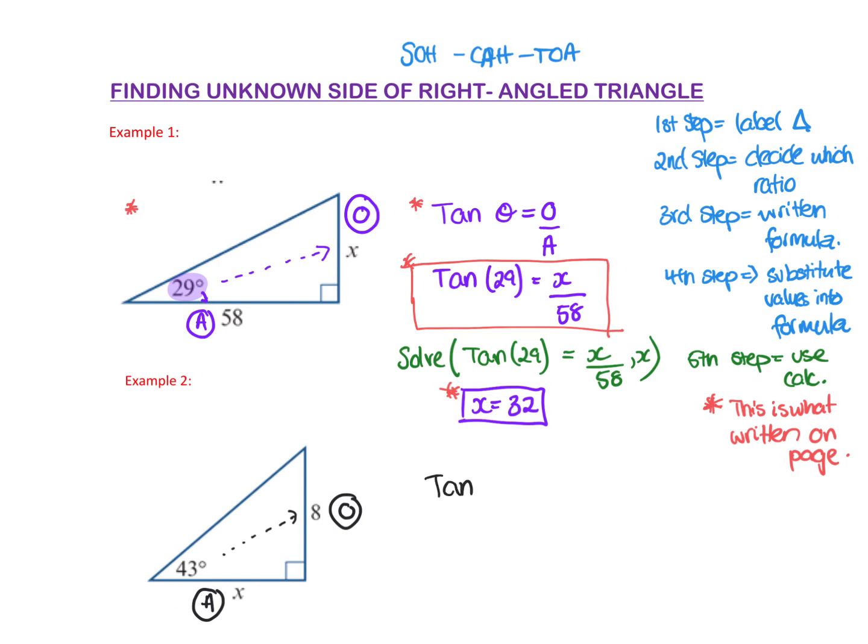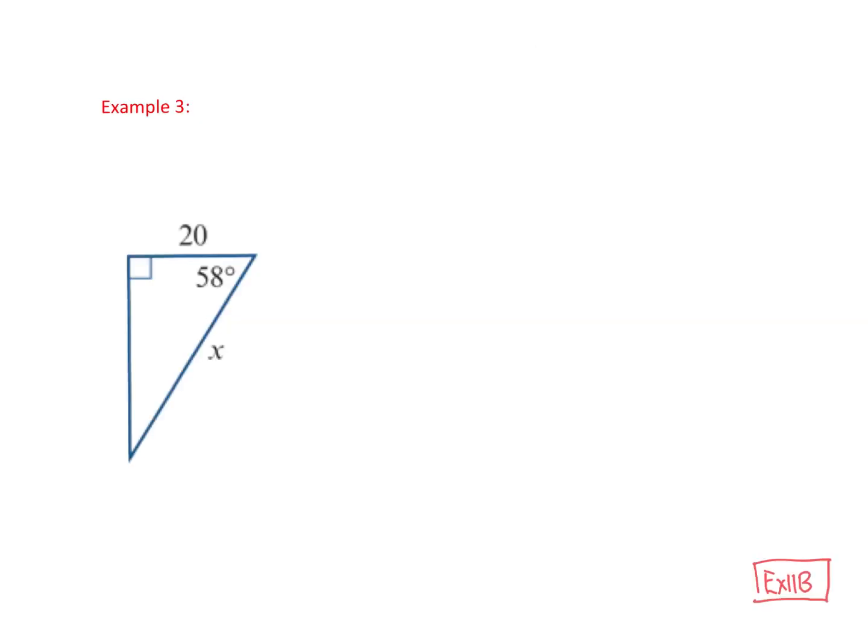So we write tan equals O over A, then tan 43 equals 8 over x. We stop there and solve it on our calculator to find x. We've got 8.5 and we rounded it to 9. Put a little box around your answer, in case in an exam you're messing everything up and decide to change your answer, the examiner looks for the box around it.